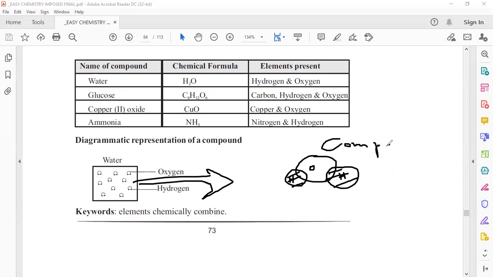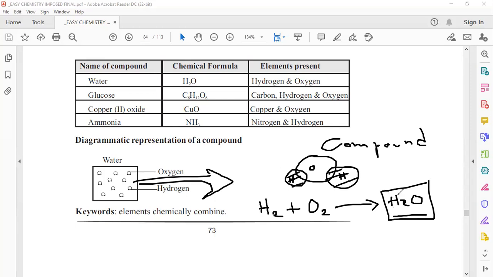In chemical equations we say hydrogen plus oxygen combine and then they form H2O. We haven't yet looked at chemical equations, but this is how we write the chemical equation. This is a compound, and these are different elements coming together.